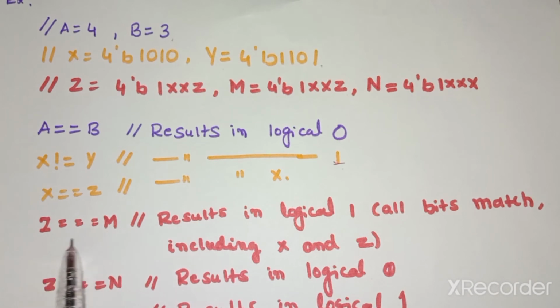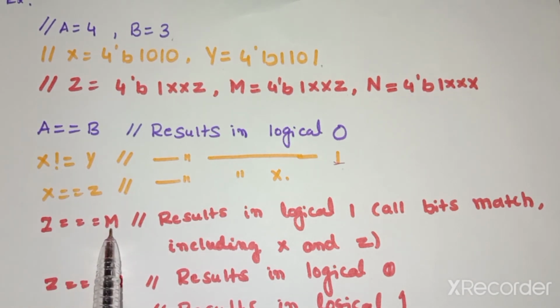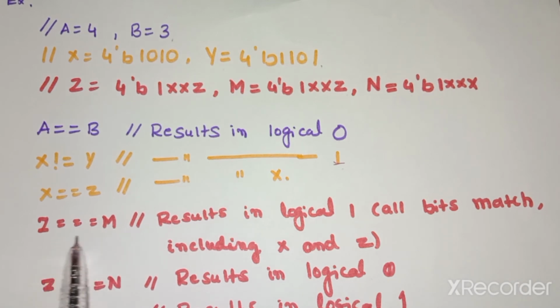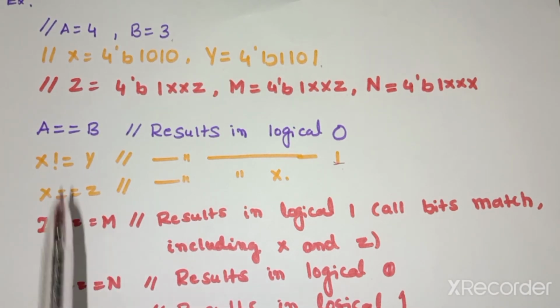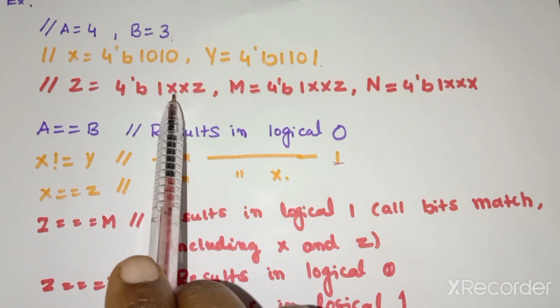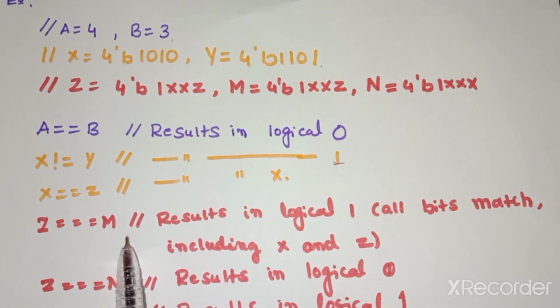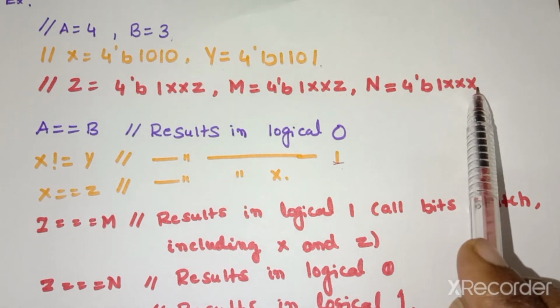So here I have taken the example z equal to m. What is this equal to? It is a case equality operator. Three equal signs, if I have written, means it is case equality operator. What does it result? Z is equal to 1xxz and m is equal to 1xxz.